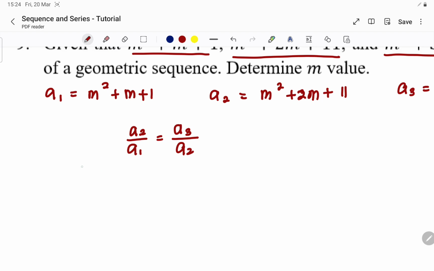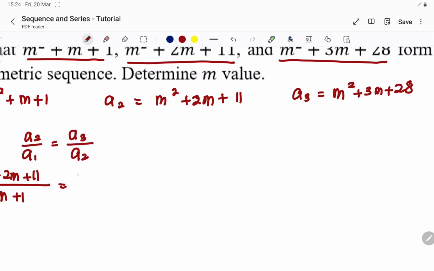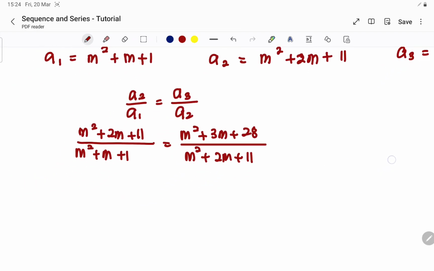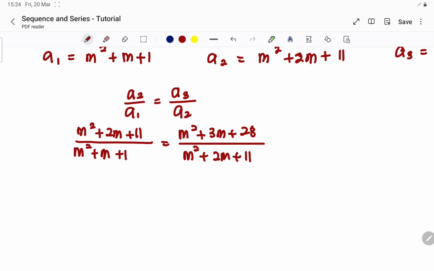You have m square plus 2m plus 11 divided by m square plus m plus 1 equal to a3, which is m square plus 3m plus 28 divided by a2, which is m square plus 2m plus 11. Now, how to find m here? It's not easy when we have a denominator, right?